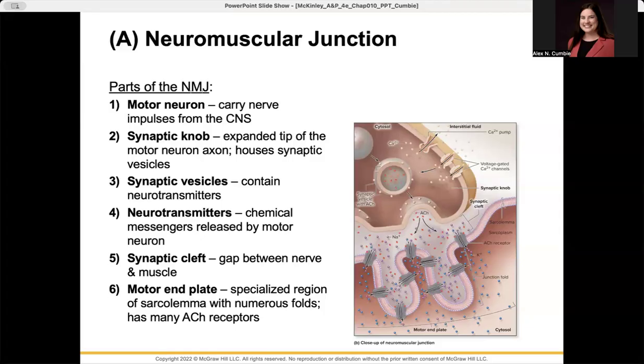Acetylcholine, you can see, is floating around here with sodium in the synaptic cleft, and it's making its way to some of these receptors present on the motor end plate. This receptor is just called an ACh receptor, an acetylcholine receptor that's present on the muscle fiber to take in that acetylcholine. And again, that's going to be on the motor end plate, the part of the muscle.